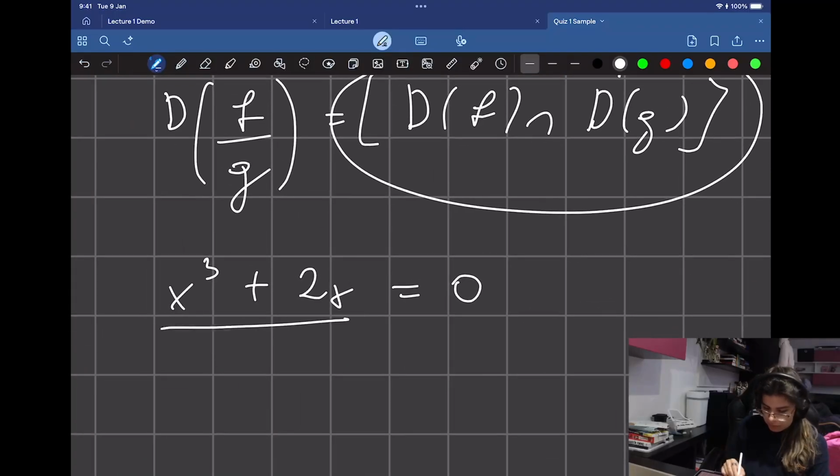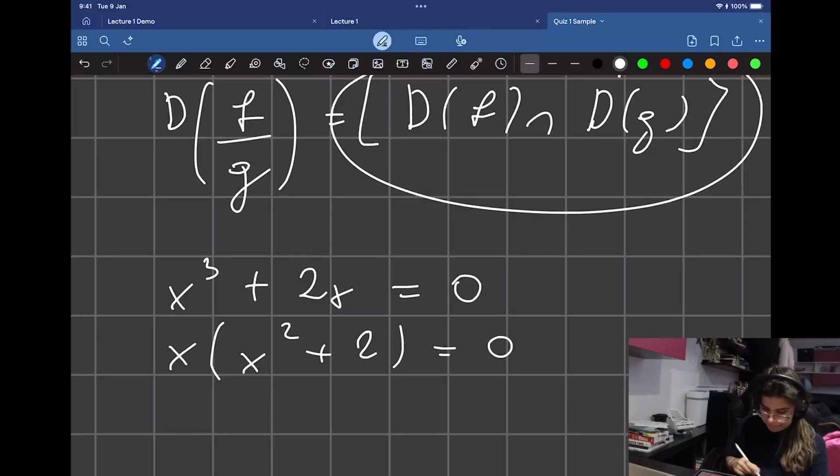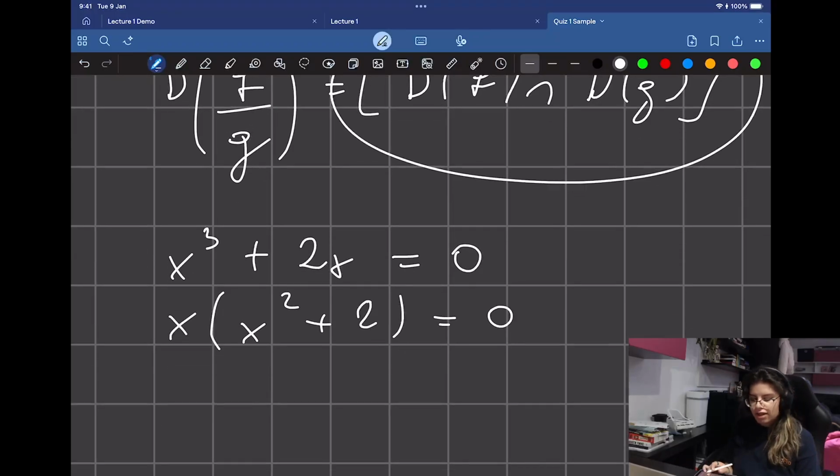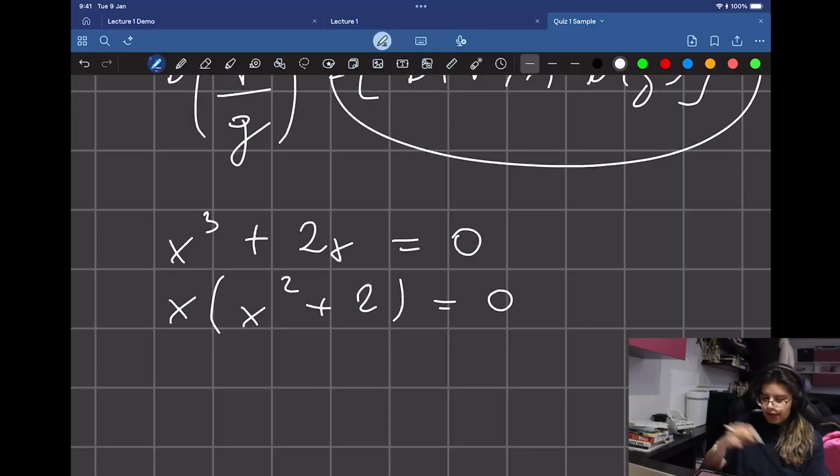So at this point, I will actually take out an x, like this. This thing equals 0. And when we have a product of two things and we want to check when it equals 0, either the first portion equals 0, or the second portion equals 0.